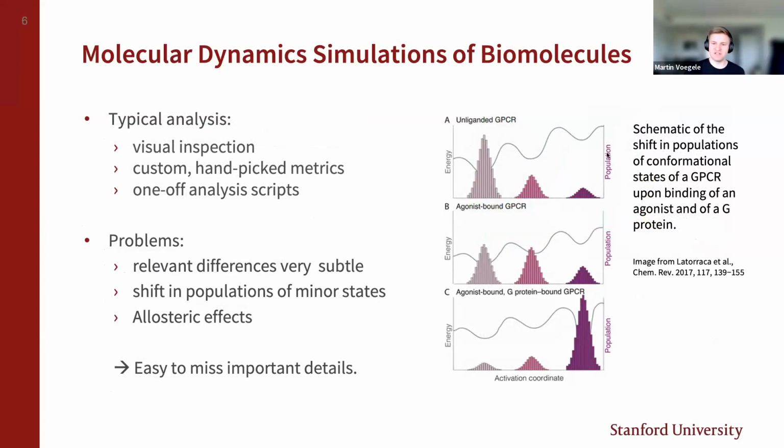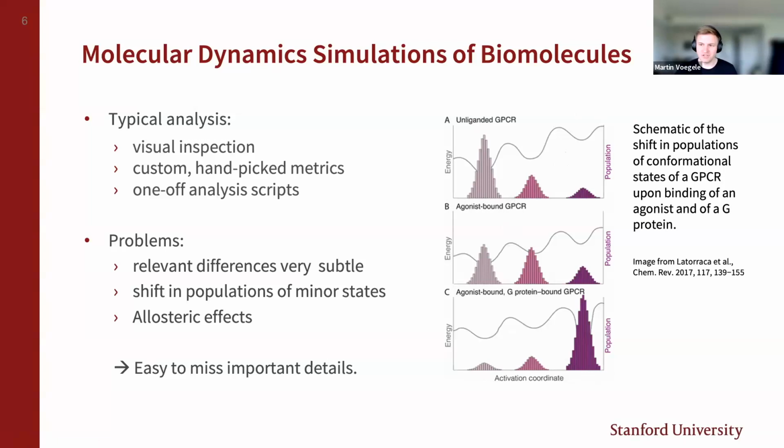And in the end, you want something like you can see on the right, where you have one activation coordinate and a nice graph of which populations of your states shift, and that explains in very simple terms what happens. However, you have all these atoms, and the relevant differences between the 2 conditions can be very subtle.